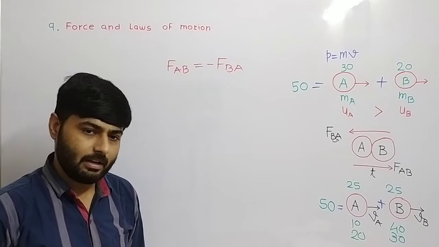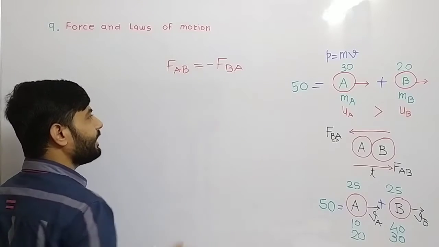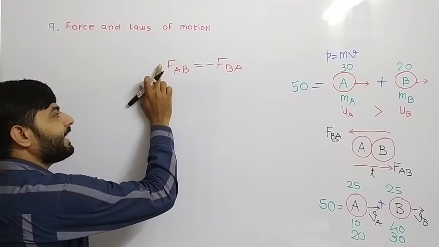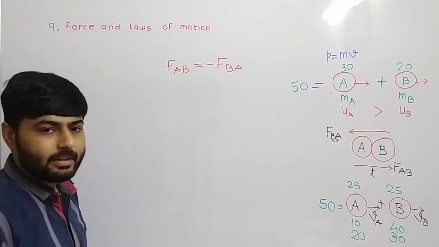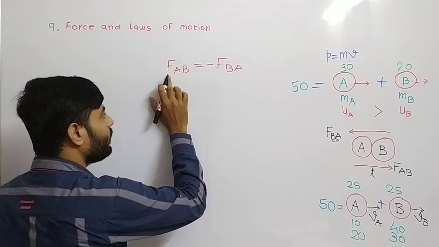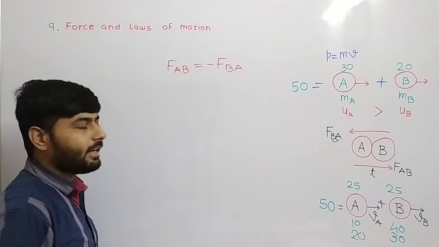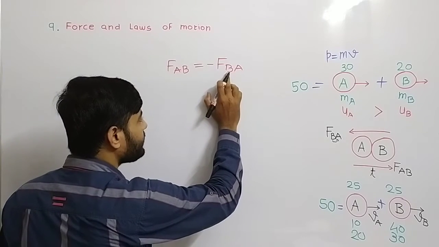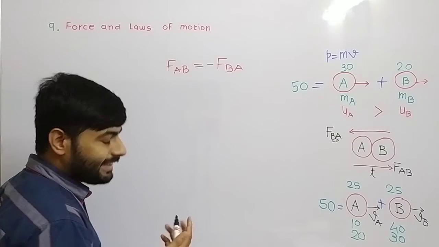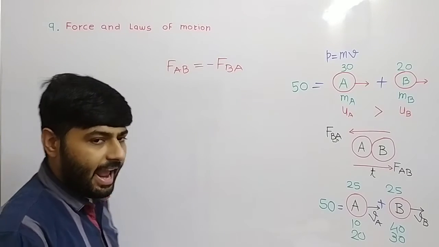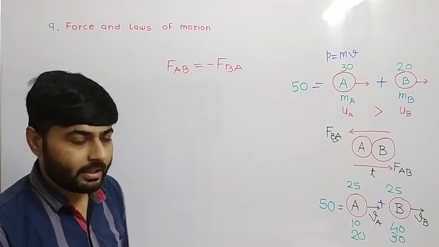Magnitude is equal but direction is different, so I put a negative sign here. You can put the negative sign here also. So what is FAB? FAB is the force exerted by A on B, and FBA is the force exerted by B on A. Now by second law, we know that F is equal to MA.